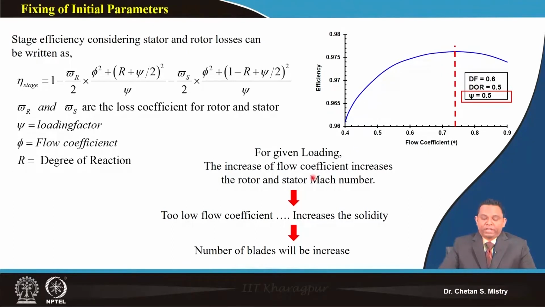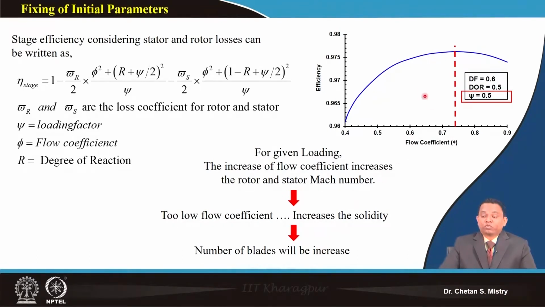Remember one thing, this is because of the rotor and stator Mach number. If we have a low flow coefficient, under that condition the solidity will increase, and that will lead to an increase in the number of blades.